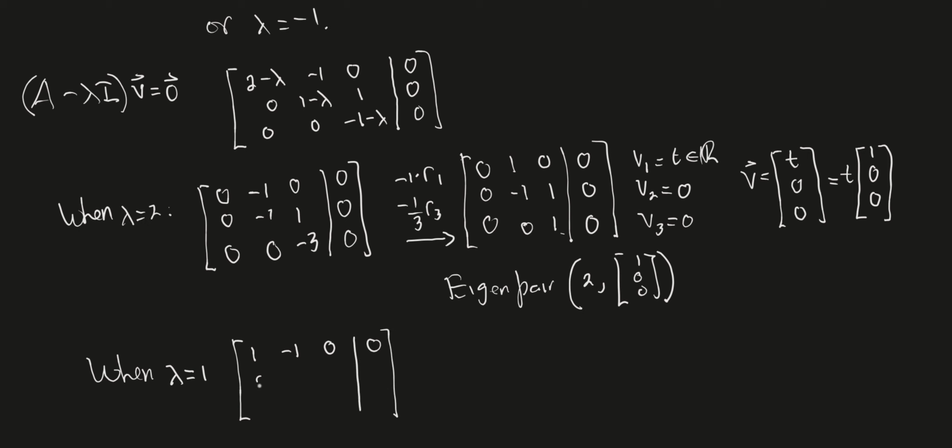Then we will have 0, 0, 1, 0. And then 0, 0, -2, 0. So this one, I mean, it's very easy to interpret. Both equations here are telling me that V3 is equal to 0.